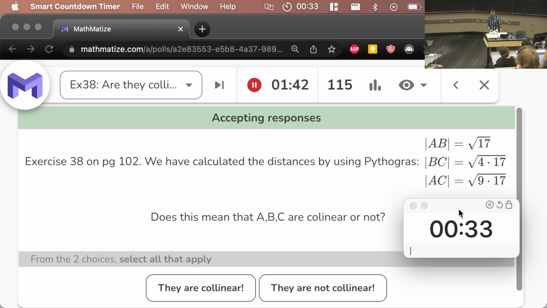Okay, 30 seconds left. If you're stuck, you can always take a guess, 50% chance.